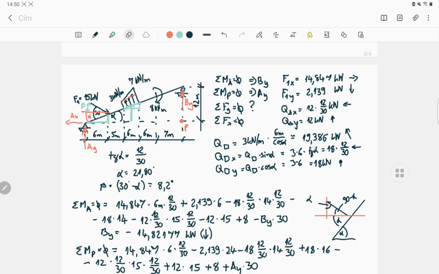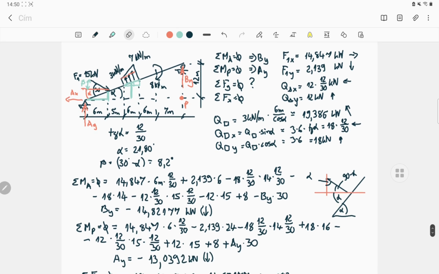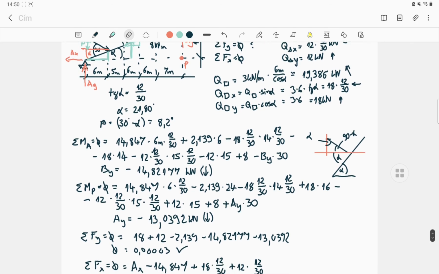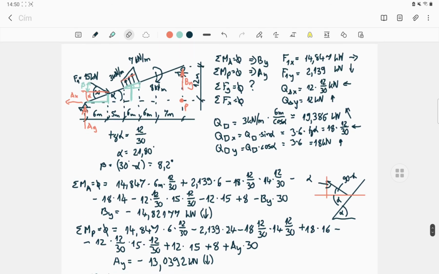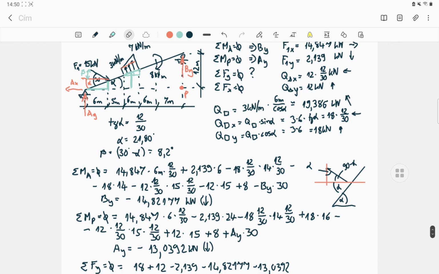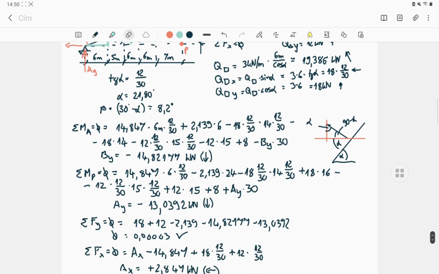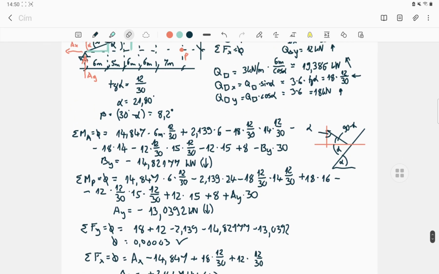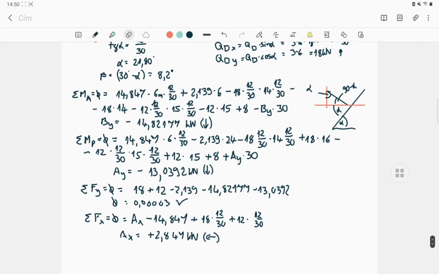The x component is now easy, just multiply the y component with tangent alpha in both cases. Okay, I guess I told everything, so this is the end of this example, this problem. We solved everything, we calculated everything and checked the results.